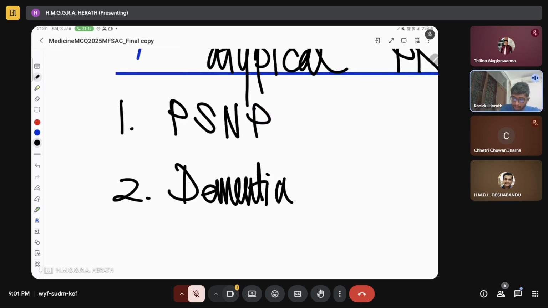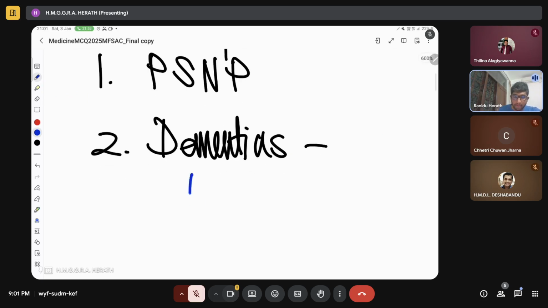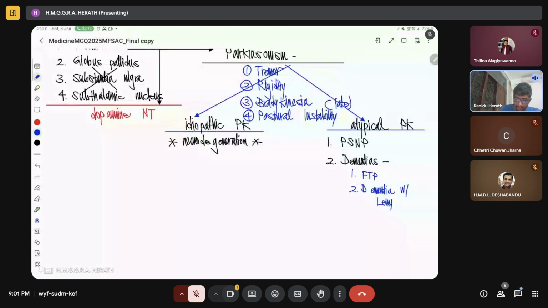What are the dementias that involve the dopaminergic pathway? Frontotemporal dementia, right? And another dementia which causes dopaminergic pathway destruction is dementia with Lewy bodies, right? In psychiatry you might know these things.